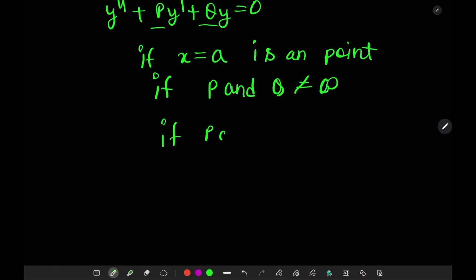If P and Q equal infinity, then it is not an ordinary point.